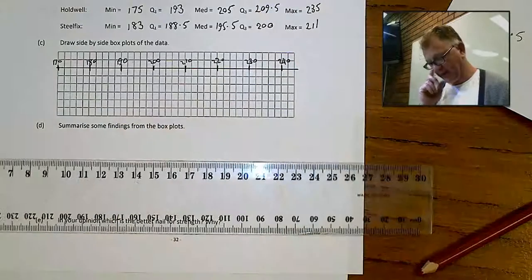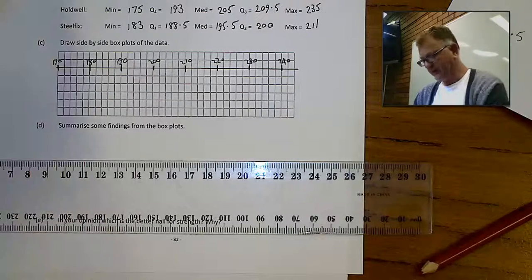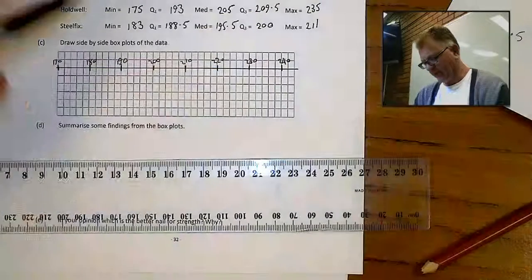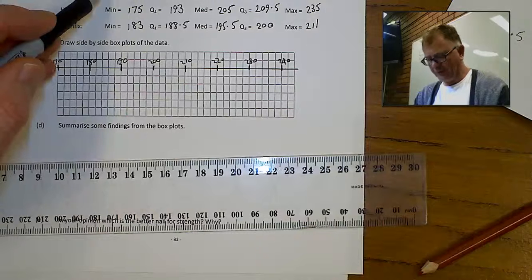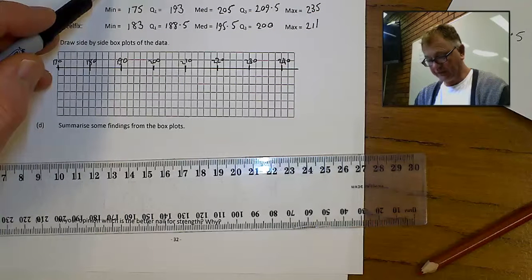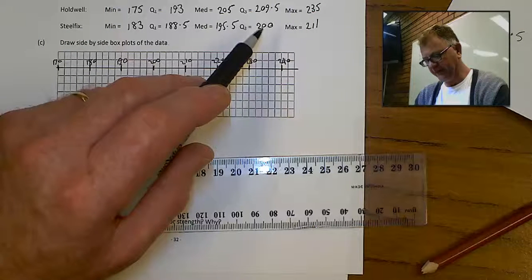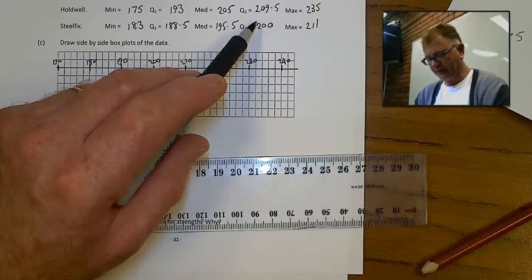Okay. Now, while the tape was paused, I just did a quick check here, and I think you'll find that maximum value, this 235 for the Holdwell data, actually makes it an extreme value. It's an outlier. This number here is more than 1.5 times the interquartile range above the upper quartile.